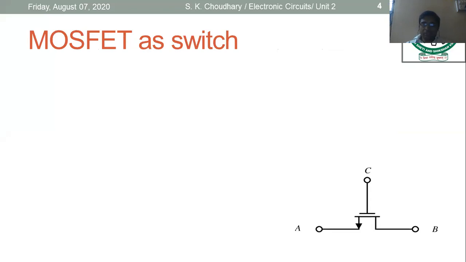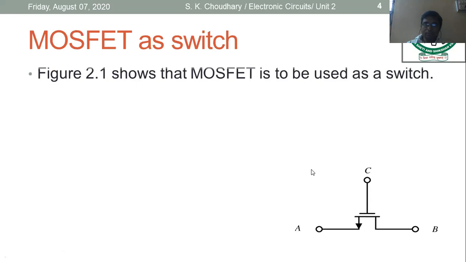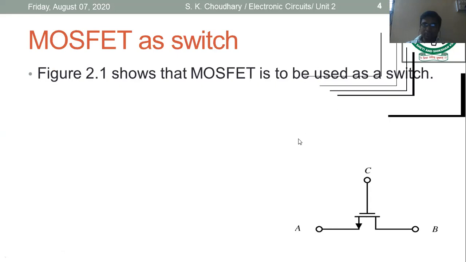If you see this particular slide, there is one diagram shown here, and three terminals are also shown in this diagram. This is figure 2.1, the first diagram of this chapter. This shows the MOSFET being used as a switch.